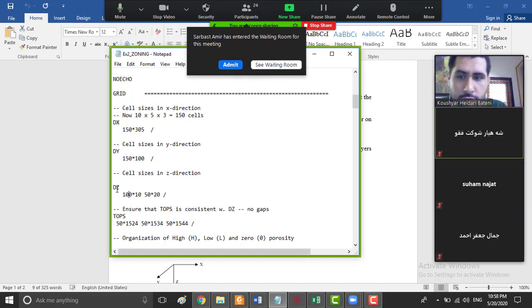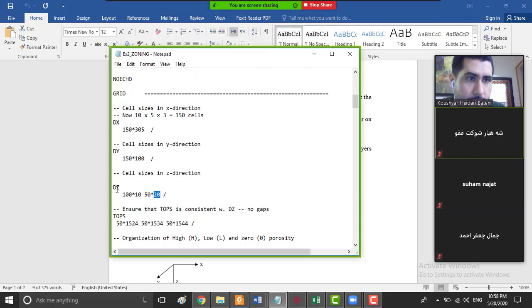We can use this multiplication, and this means that for the first 100 cells, dz is equal to 10. For the next 50 cells, dz is equal to 20. Now, how do we know that dz is equal to 10 for the first 100 cells and dz is equal to 20 for the next 50 cells?